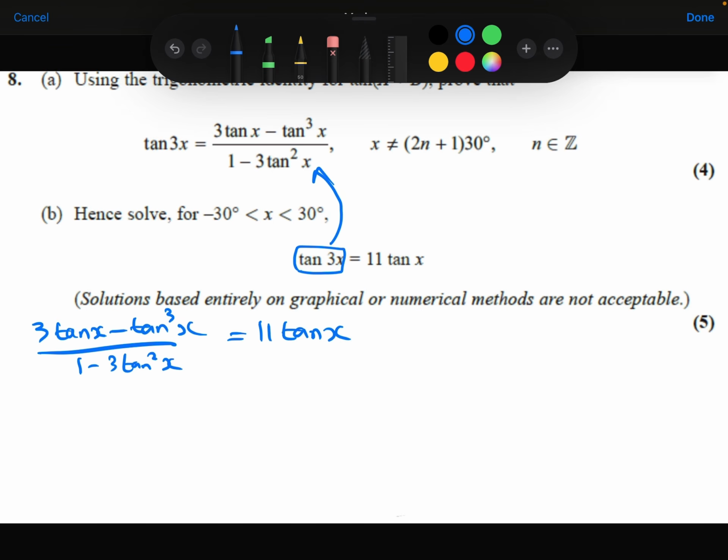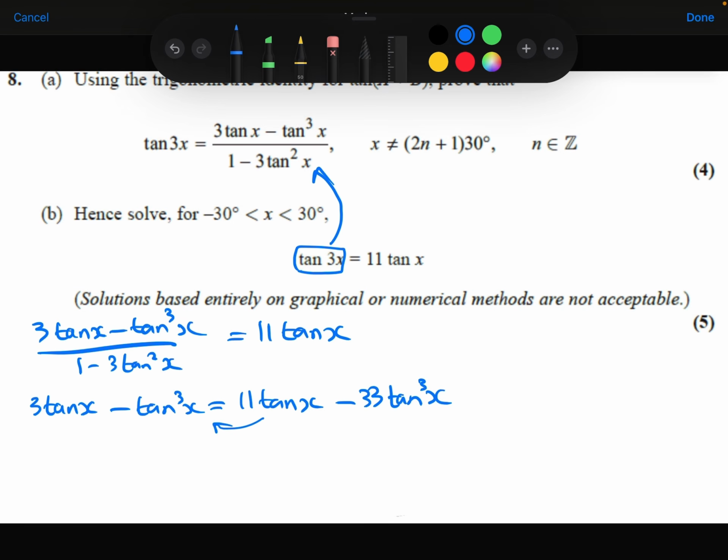Multiply both sides to get rid of the denominator. So 11 tan x times 1 is 11 tan x. 11 tan x times 3 tan squared x is 33 tan cubed x. Now move everything onto one side of the equation.